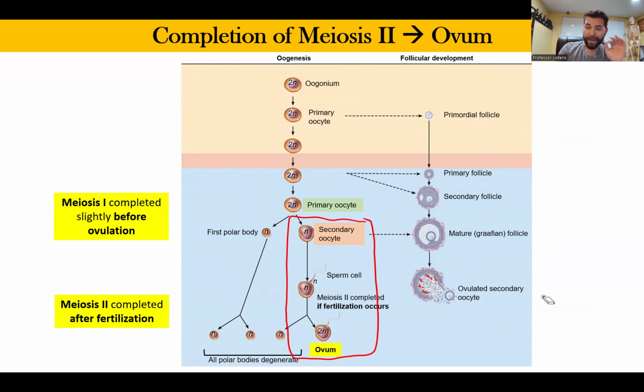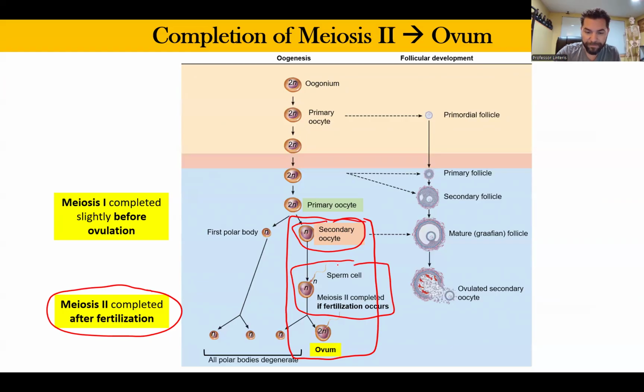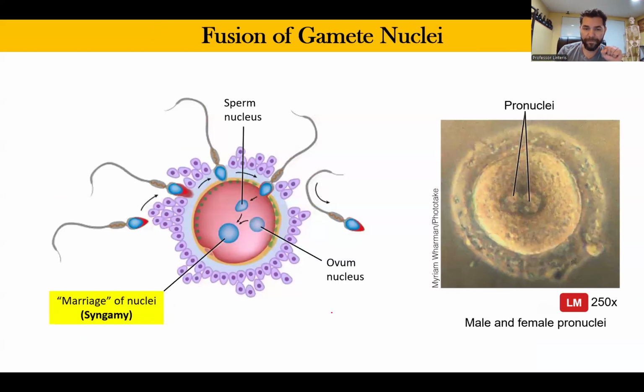So here, meiosis 1 completed before ovulation, but meiosis 2 is completed after fertilization, right? So this is what got ovulated. Here we have fertilization. We'll get rid of that other polar body, and that ovum fuses with the sperm and completes meiosis 2.